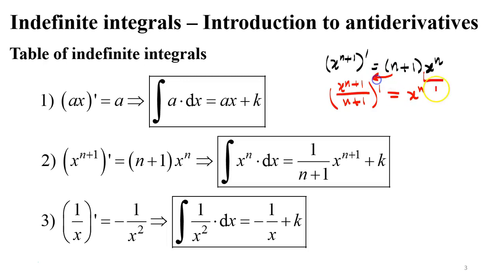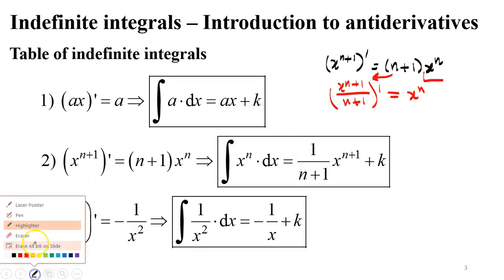So what I did is just isolate x to the n. So if x to the n is the derivative of x to the n plus 1 over n plus 1, then an antiderivative of x to the n would be x to the n plus 1 over n plus 1. So this is where the power rule of antiderivatives comes from. And similarly for the others.